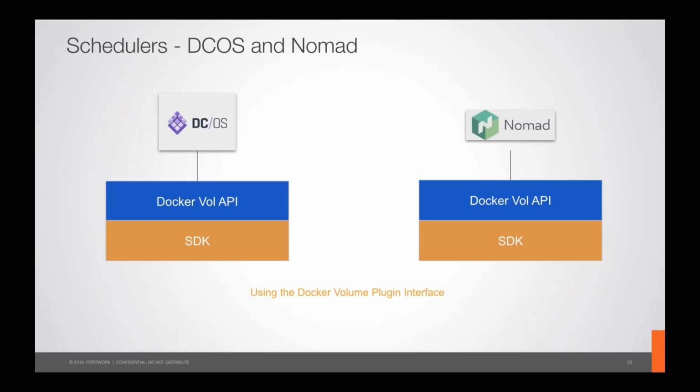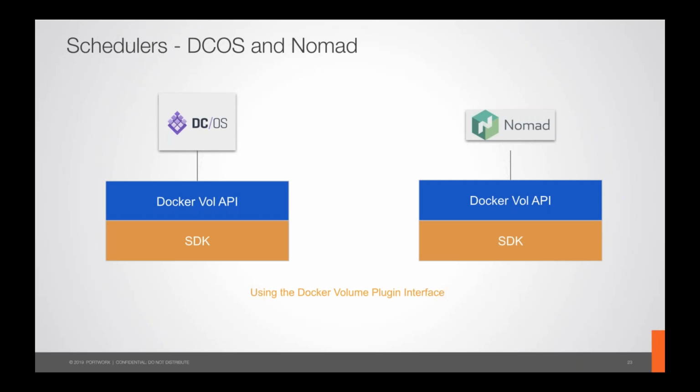What about when it comes to other orchestrators? As you know, Portworx supports any scheduler. So apart from Kubernetes, we also support DCOS, Nomad, and so on. And both of these orchestrators access the Portworx layer through the Docker Volume API. So using the Docker Volume API, users pass inline volume specifications and then make the request to create volumes, create snapshots, and so on.